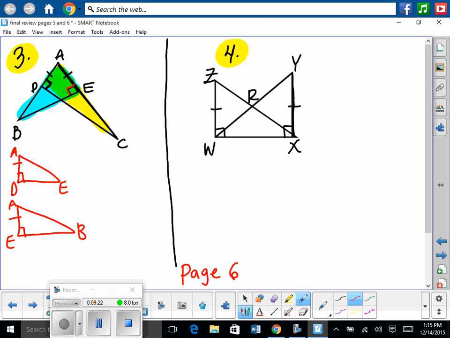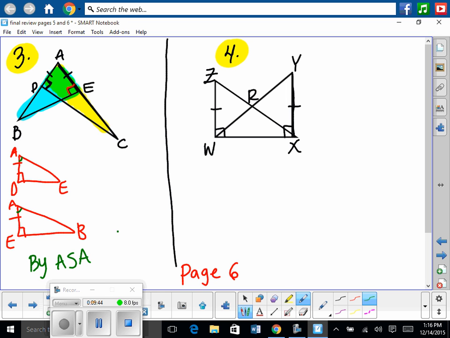So then it's pretty easy to see that a couple of different things are happening here. You could use a couple of different approaches. First of all, I had a student notice that angle A is the same in both of them, and that makes sense. So by angle, side, angle, these triangles are congruent.